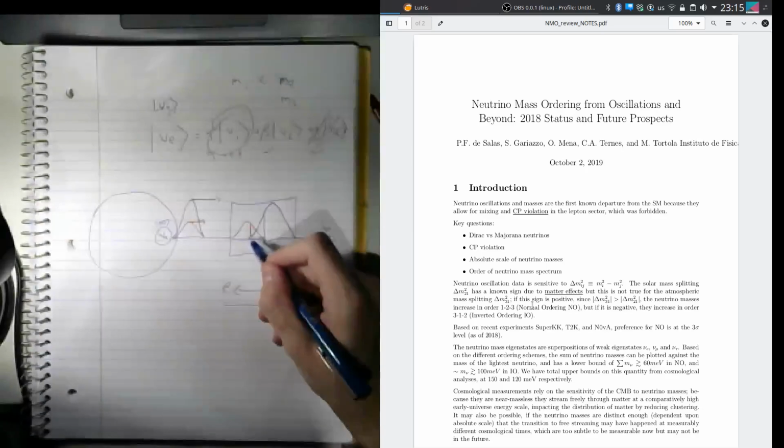Just the way the math works out, we unfortunately don't get the mass difference between mass 1 and mass 2. We get the difference between their squared masses, which is still really useful. It gives us a lot of information about the difference.